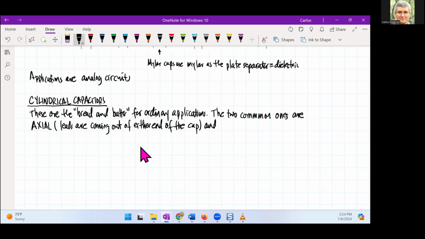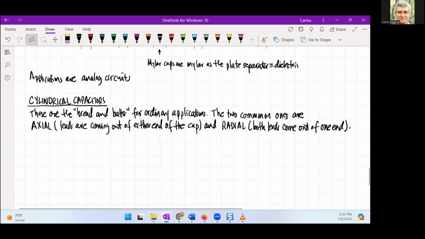And the second one is the radial. What's distinct about the radial one is they have both leads come out of one end. And we use both of these in physics here.